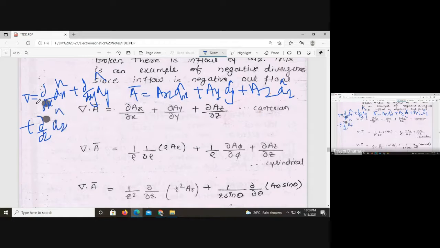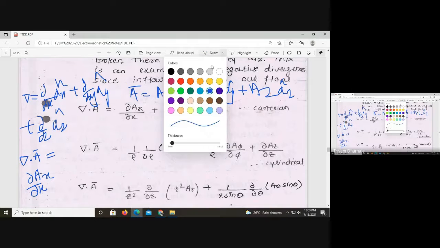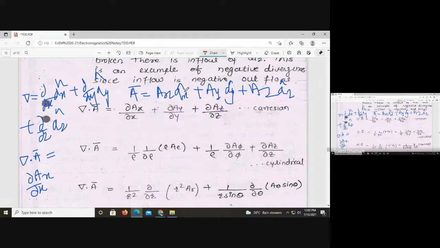Now when we operate del dot A bar, obviously Ax cap dot Ax cap is always 1. So in del dot A bar, this unit vector Ax and the unit vector Ax of del, when these two are dot producted, it is 1.